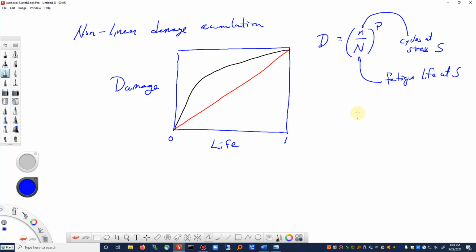And this fitting constant is some sort of parameter that maybe is in between 0 and 1. So this damage fraction can change, and we could have more or less damage per cycle as a function of our life if we want. Now, Miner's rule is recovered when P is equal to 1.